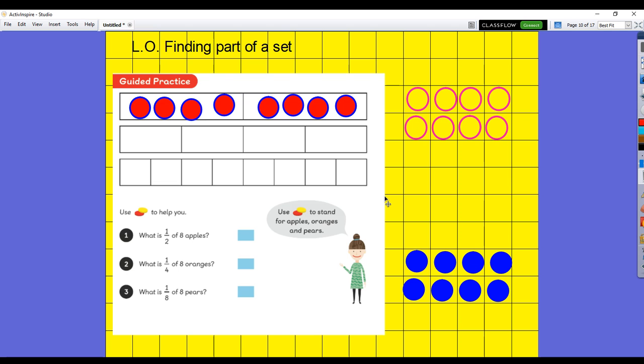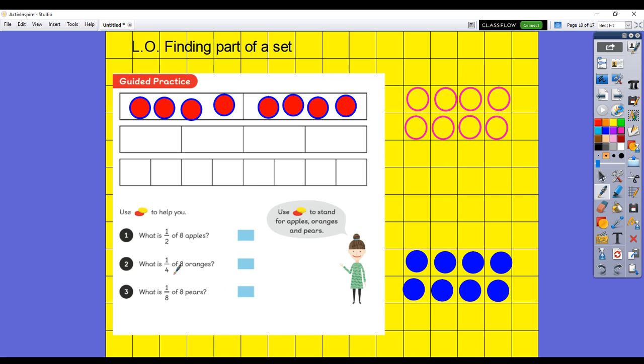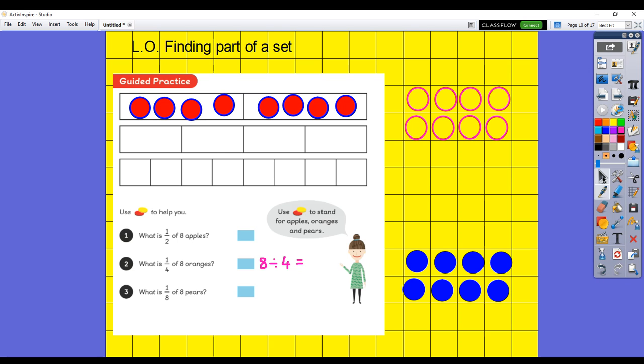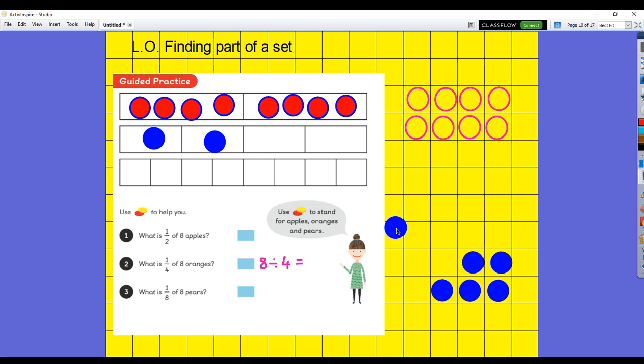What is a quarter of 8 oranges? So let's write the calculation. We need to do 8 divided by 4. Okay? That's our calculation, 8 divided by 4. We've got our 4 parts here in our bar model, so let's put them into our bar model.